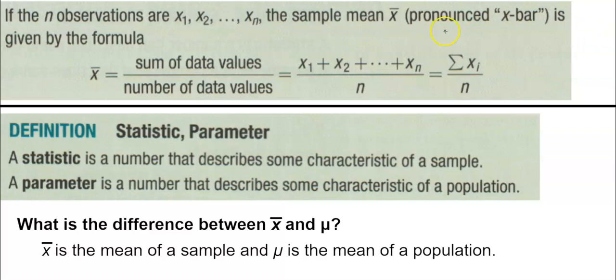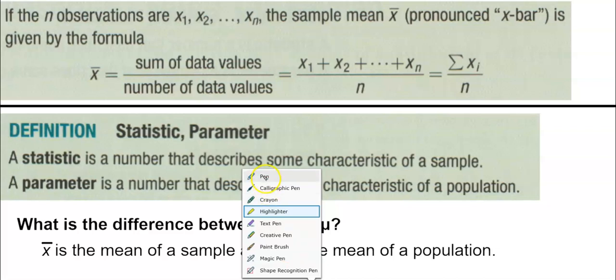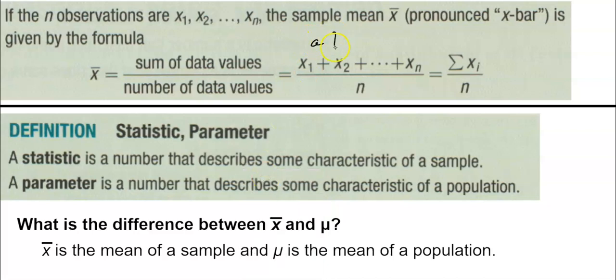There we go. So if we have n observations, where we have 1 observation, 2 observations, 3, 4, 5, 6, all the way up to n observations, the sample mean, x bar, which is an x and a bar, is given by this formula. It's the sum of our data values over the number of data values.